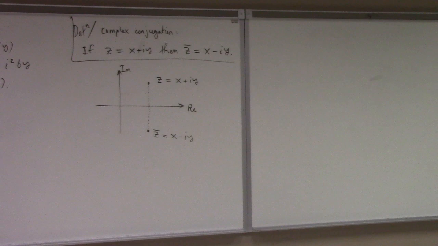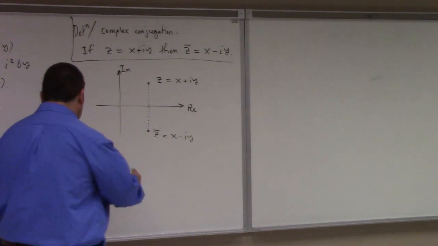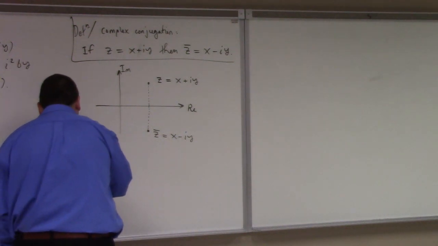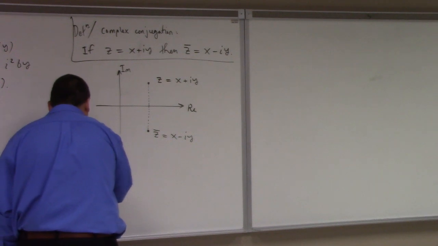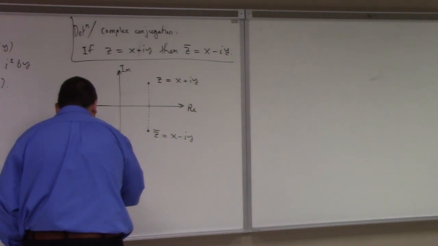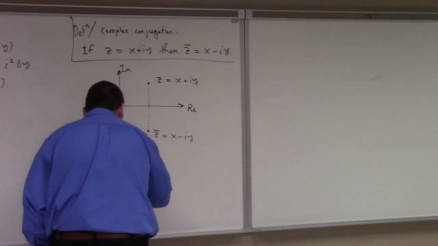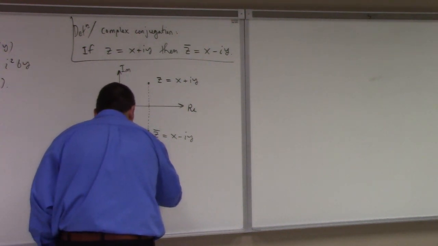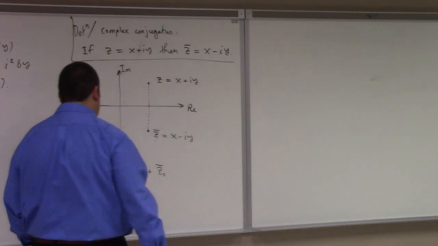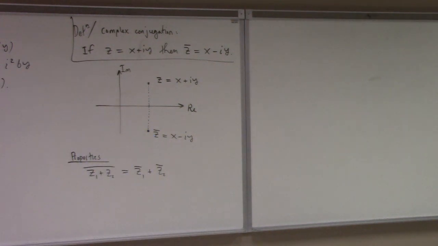What are the properties of complex conjugation? So if we have z1 plus z2, and we take the complex conjugate of that, guess what? It's the complex conjugate of z1 plus the complex conjugate of z2. So complex conjugation is linear.